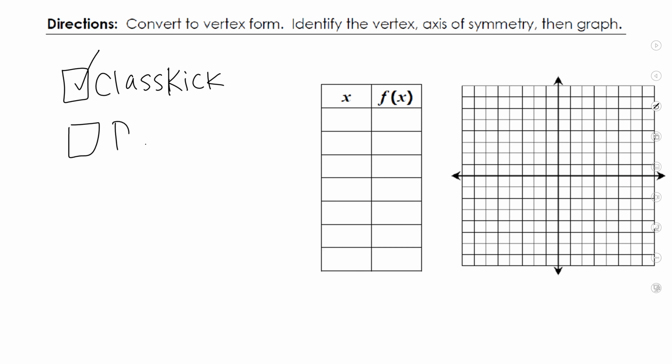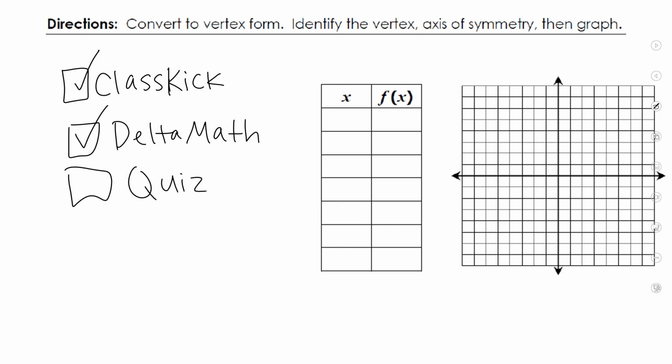There's also a Delta Math activity for you to use in order to study. I also posted that quiz video, right? Of me going over the quiz. So that is on YouTube. So you can use all of these resources to study. This is optional. The thing that I'm taking for a grade is just the homework that we just went over.